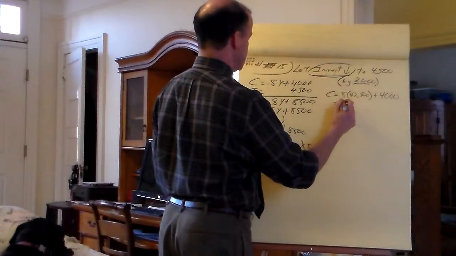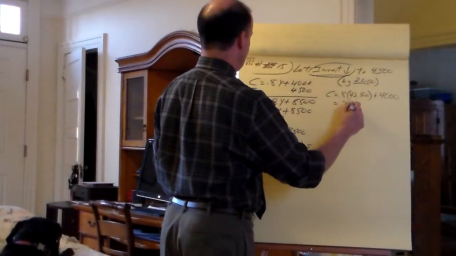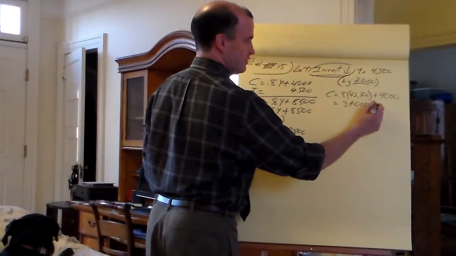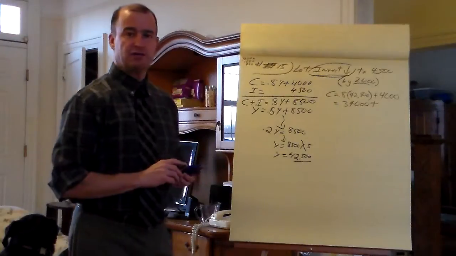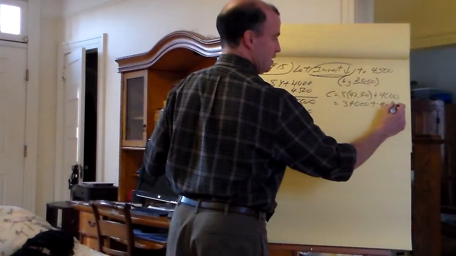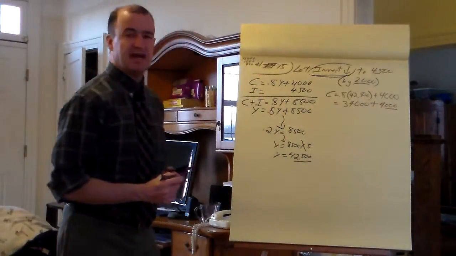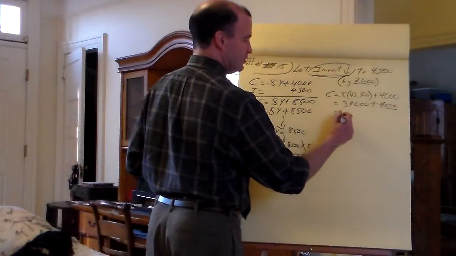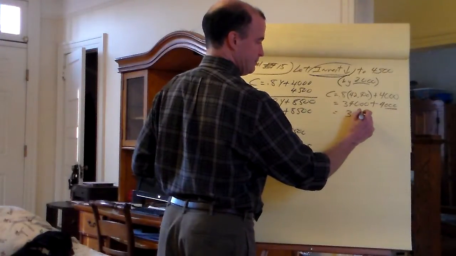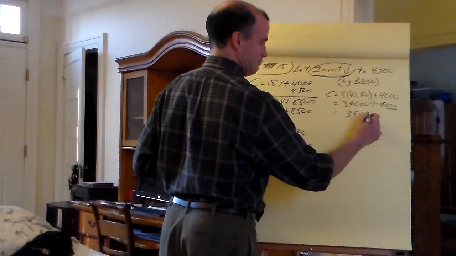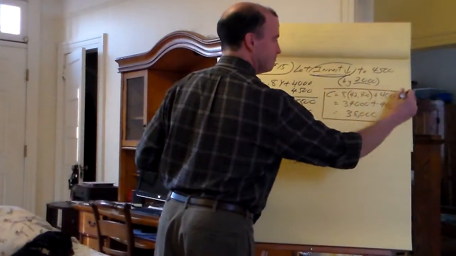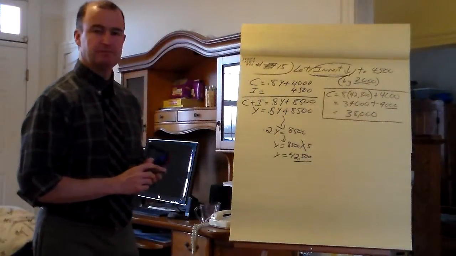I think this is going to be 34,000. I hope that's what you get in your calculators. Uncle Harry's gift in this problem is 4,000. So I'm getting a total consumption of 38,000. Right? You always have to find total consumption.